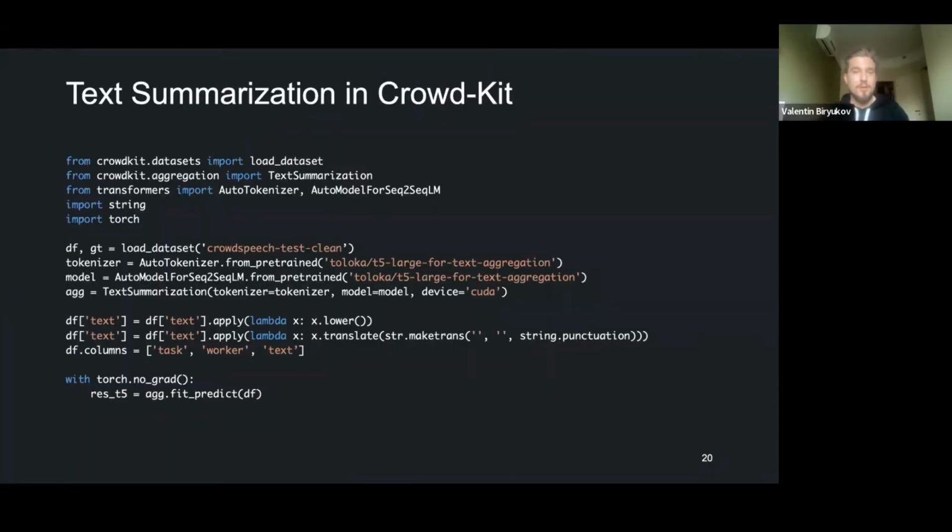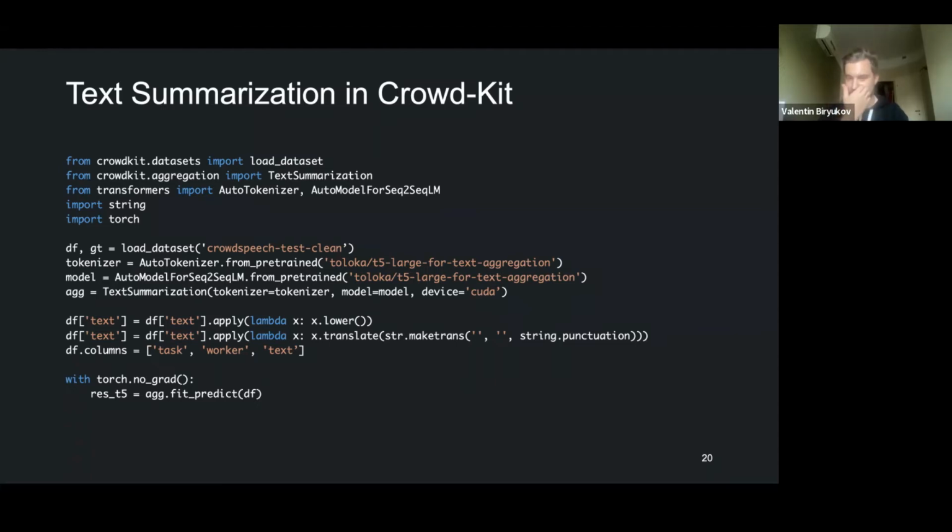So generally, all these algorithms are implemented in CrowdKit, along with several more. Using this library, you can work with crowd data, calculate metrics, aggregate the data, and do other cool things. In this case, it's just a couple of lines of code.